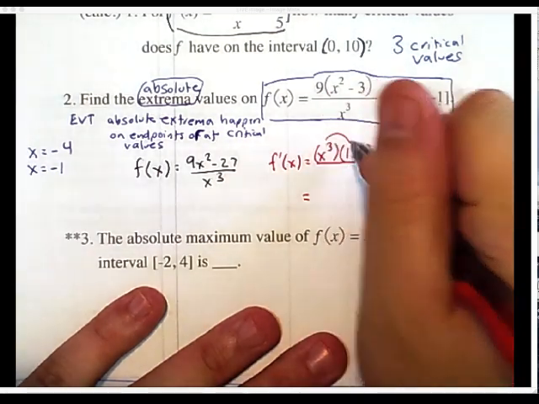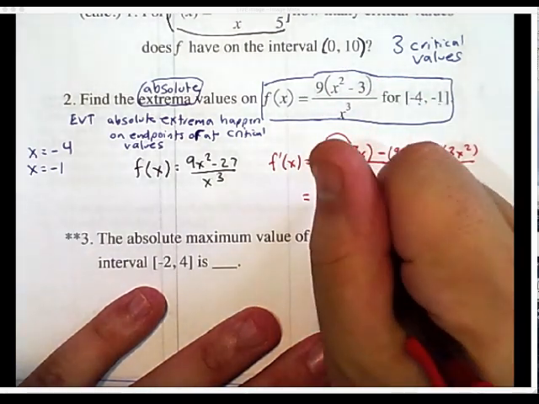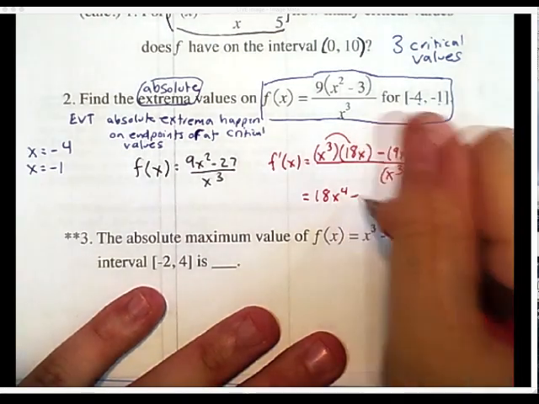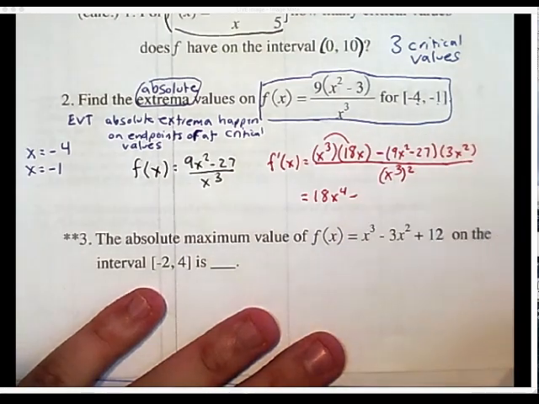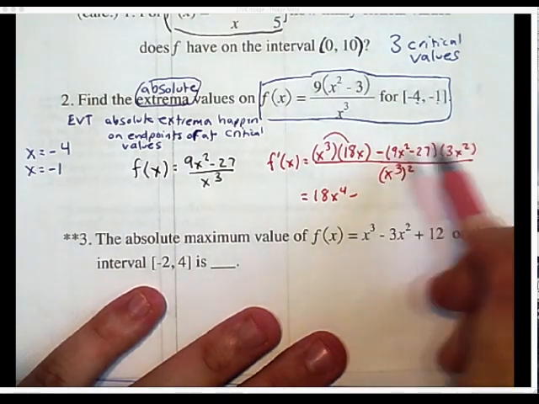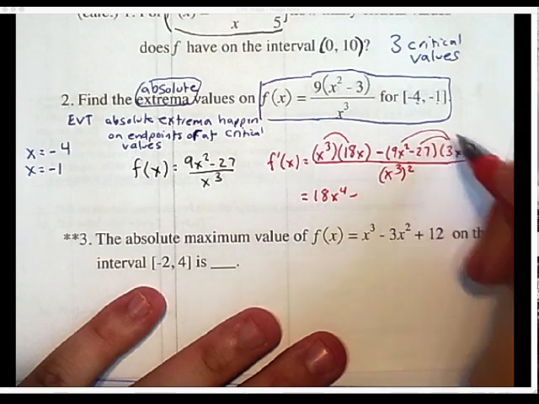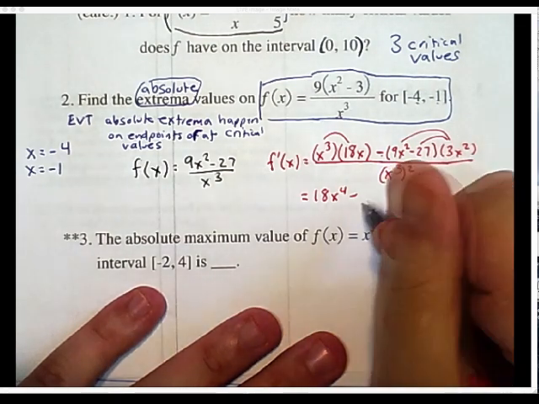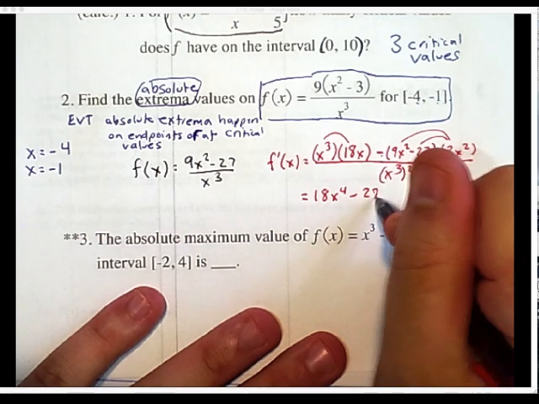Okay, so if I distribute and multiply, I would get 18x to the 4th minus, okay, I'm going to kind of do 2 things at once. I'm going to distribute the negative and do the distributing here. So negative 9x squared times 3x squared would be negative 27x to the 4th.